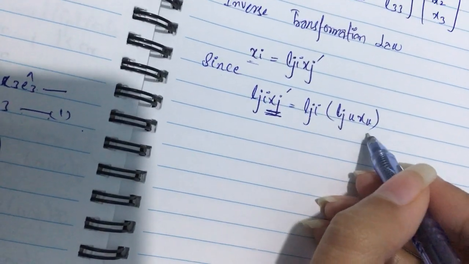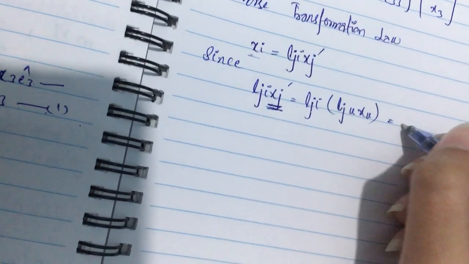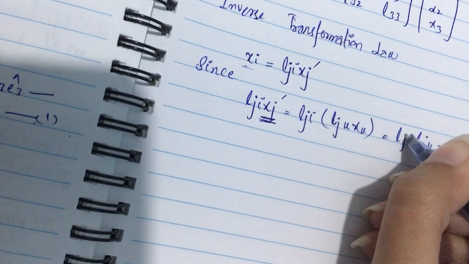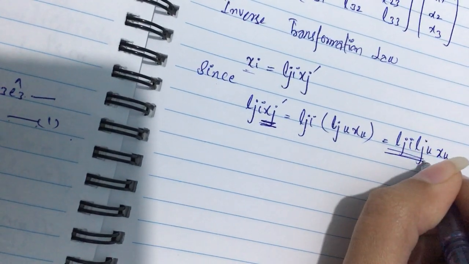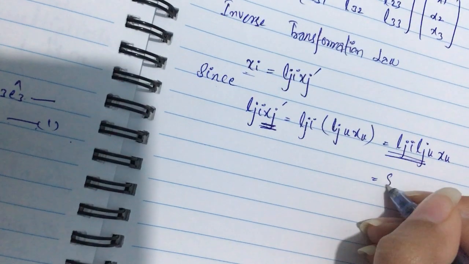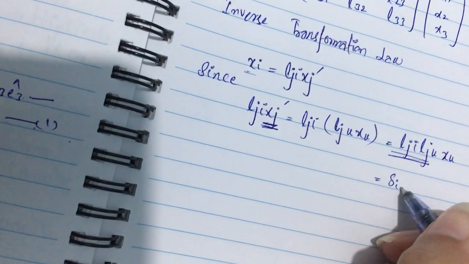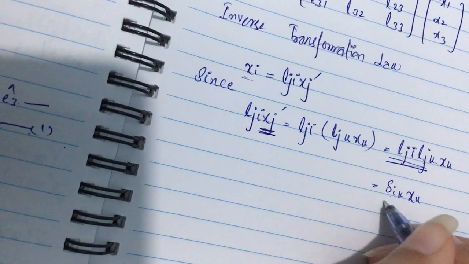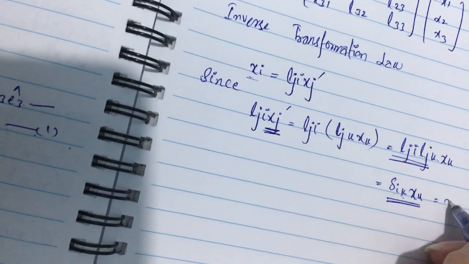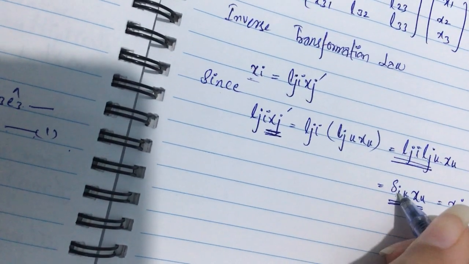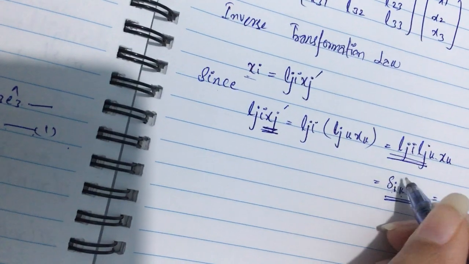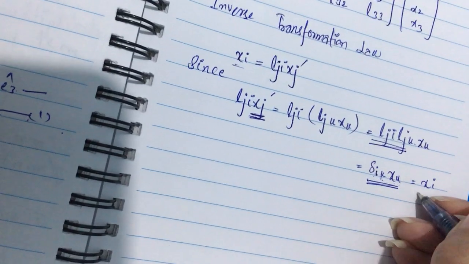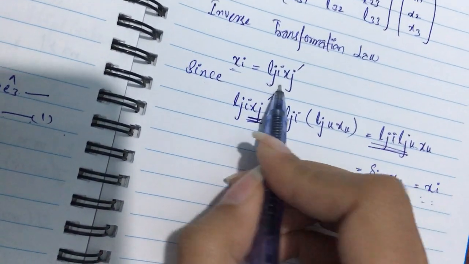So I have this result and I am writing here lji ljk xk. As we know this is the same, I can write it in the form of the Kronecker delta, delta ik, because j is common here, delta ik xk, and this result equals xi. We proved in previous lectures that delta ik xk equals xi. So this is the proof of this result.